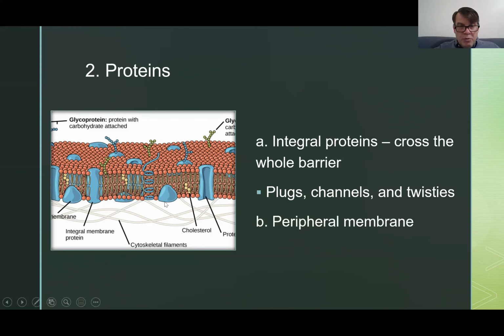Then you have these peripheral membrane proteins, the ones that are just on the top, and these kind of shake hands with other cells from the body. So they're like the bouncer proteins, standing at the door: show me your ID. And so these peripheral membrane proteins kind of alert, does not belong.